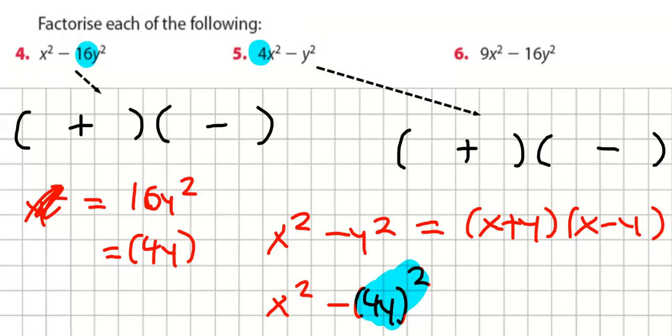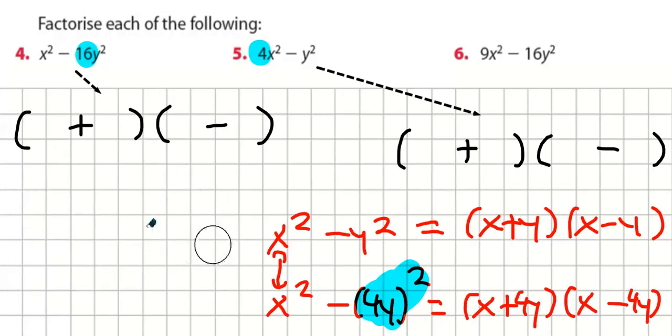So using my eyesight and my eyesight only, I go, instead of x, I have x. Okay, that makes sense. Instead of x, I have x. But instead of y, I have 4y. And that's what I did. Okay? And likewise, with the next question, which is this one up here, what can I change 4x squared into?